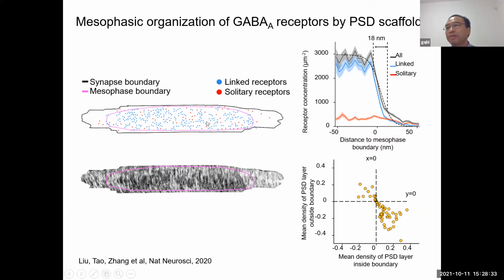The interesting thing is that this boundary seems to be pretty sharp. Although there are some solitary receptors without a near neighbor that can be inside or outside the boundary, the linked receptors have this sharp boundary, indicating that they are probably less mobile.